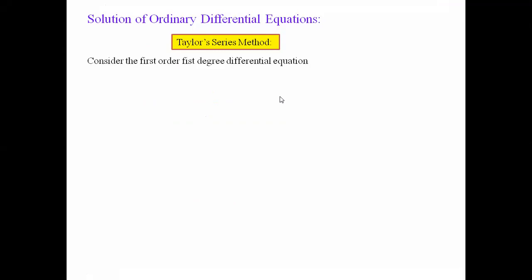So consider the first order equation. It is given by usually dy by dx equals f of x comma y. First of all, you have to note what this first order first degree differential equation represents. Usually, a first order first degree differential equation represents a family of curves, and the family of all curves under certain conditions is denoted by a differential equation.